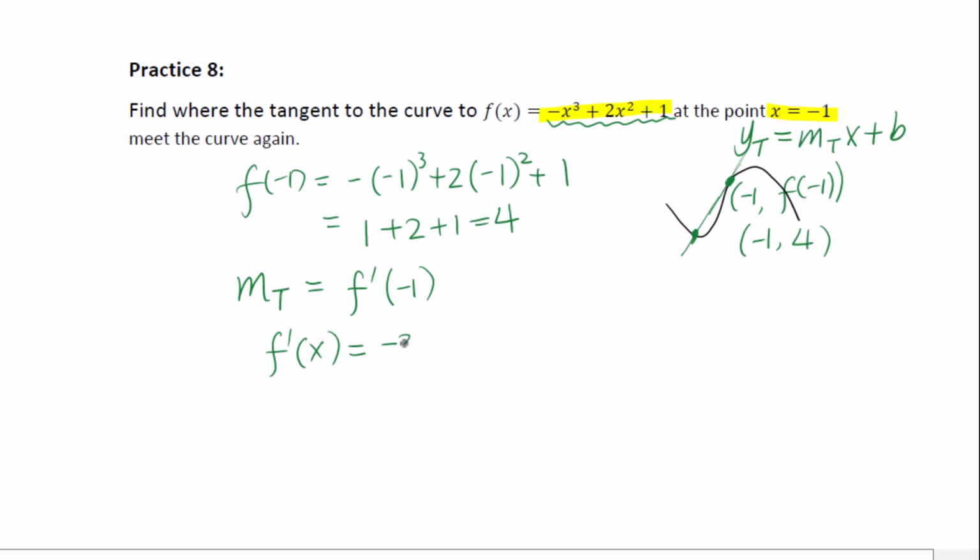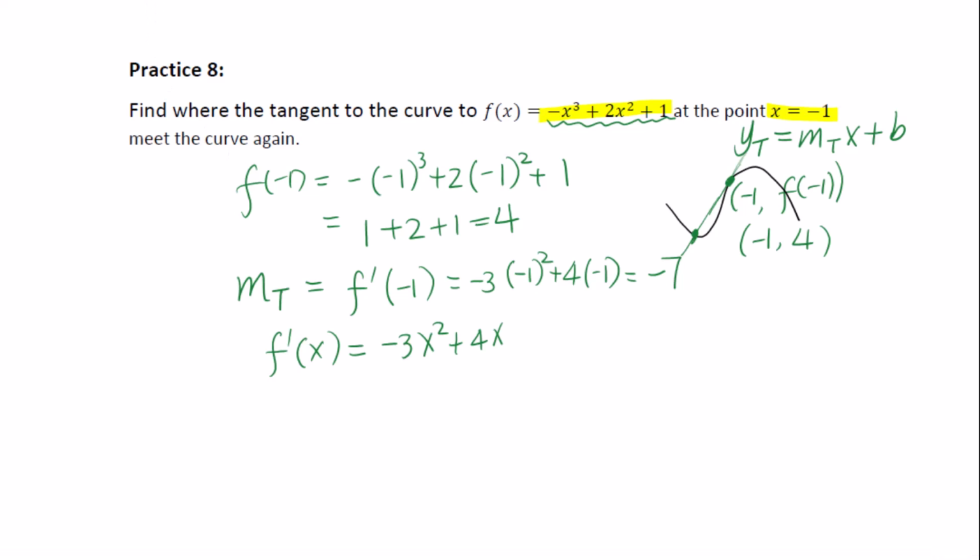That is negative 3x squared plus 4x. For the 1, the derivative is 0. Then we plug in negative 1. We will get negative 3 times negative 1 squared plus 4 times negative 1. That equals negative 7.